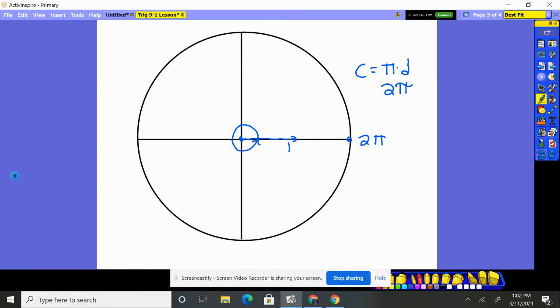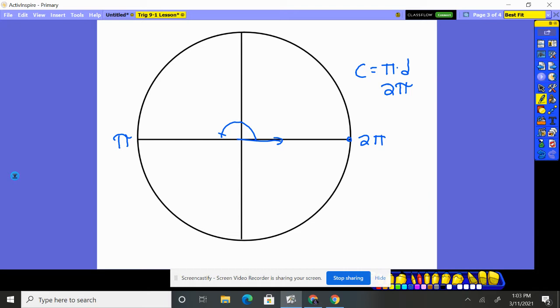Well, what if we only went halfway? Well, if all the way around is 2 pi, halfway to right here is what? Pi. So if we imagine opening up 180 degrees, basically we're always pointing towards that opening. If we open to here, that's pi in radians or 180 degrees.